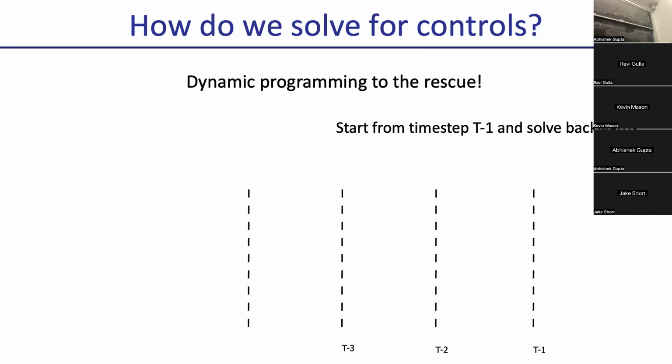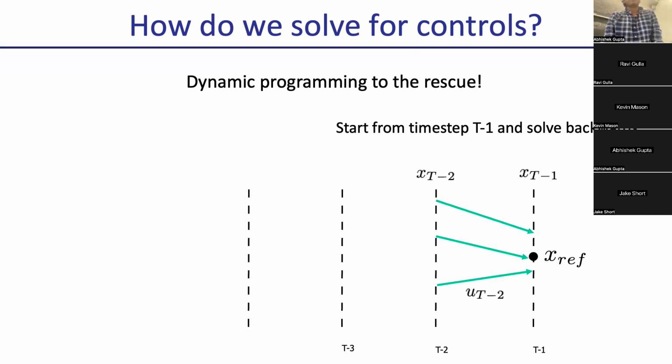Then we find the solution to that, and use that in a problem that has 3 time steps, and repeat. So the trick is we start very simple from the end, and keep reusing solutions as we go back.